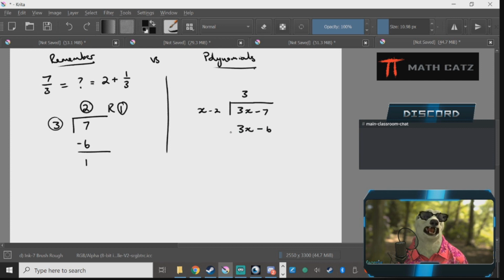This is sort of what I've used so far, and I need to take it away, all of it. Now, by design, the x terms will cancel. 3x minus 3x. -7 plus 6 is -1. I can't fit x anymore in. The degree of this -1 is lower than the degree 1 with the x. That's my remainder.